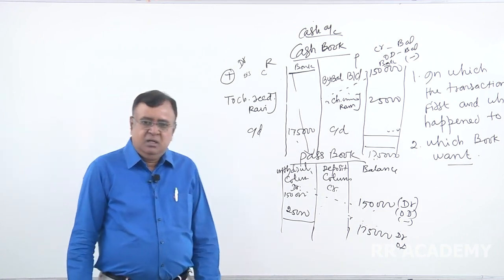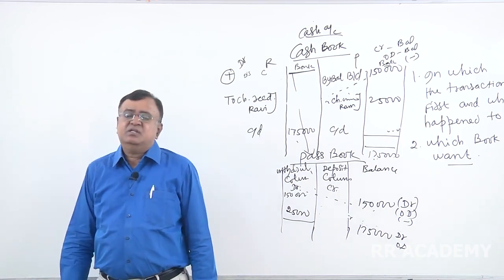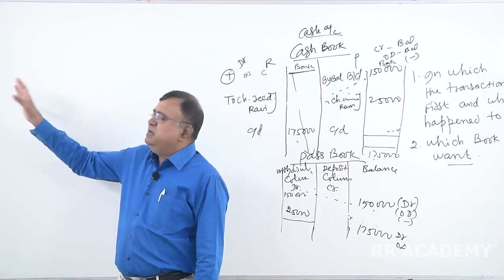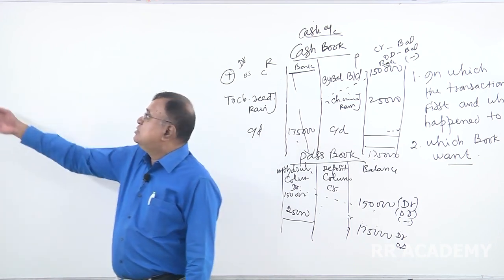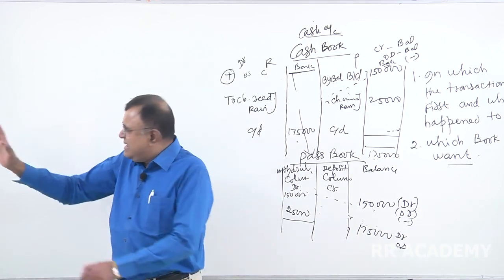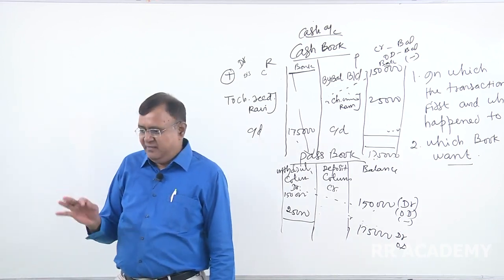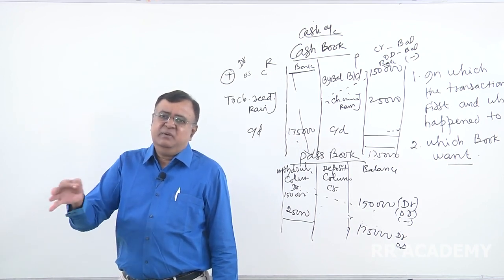Now, you may ask me, sir, when we prepare BRS, normal balance means plus, OD means minus. So you will start with minus and you will do a? No, friends. As it is, I will do. When the result comes, if it is plus, we'll put minus. Minus means plus.